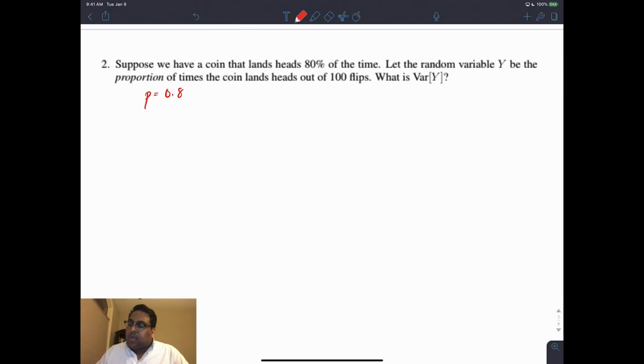Okay, so first what I want to do is define these indicator random variables, which are really just Bernoulli random variables, xi. They'll have the Bernoulli distribution with parameter p. And so what this means is xi will be 1 with probability p and 0 with probability 1 minus p.